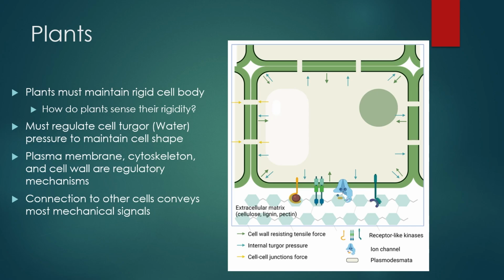How do they know which way is the sun, and then physically turn their leaves to point at the sun? A lot of this is just receptors and extracellular proteins that are extended through the cell membrane and connecting into the extracellular matrix to move that cell, move the plants around.